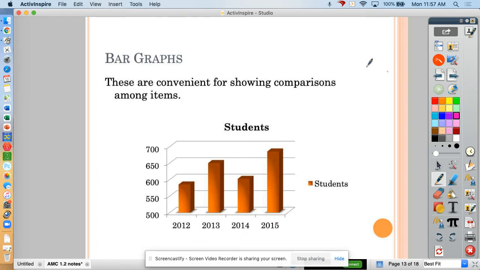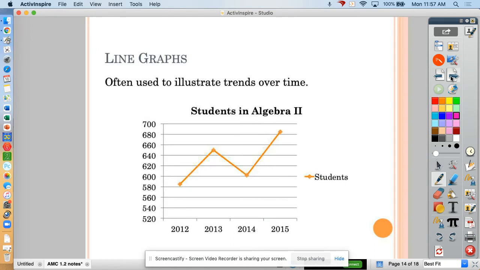A bar graph, these are convenient for showing comparisons among items. You can tell which one is the tallest, which one is the shortest. Do any of them look about the same? And then line graphs are often used to illustrate trends over time. This would be like the stock market because it changes so often. So you look at line graphs for trends over time.